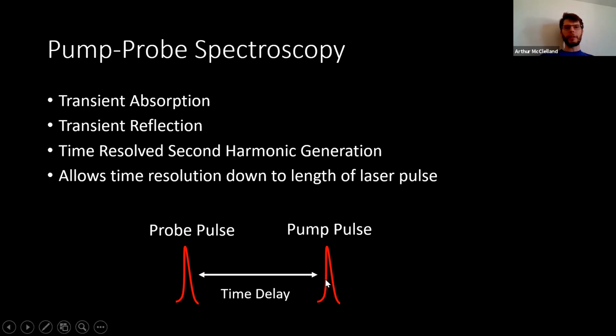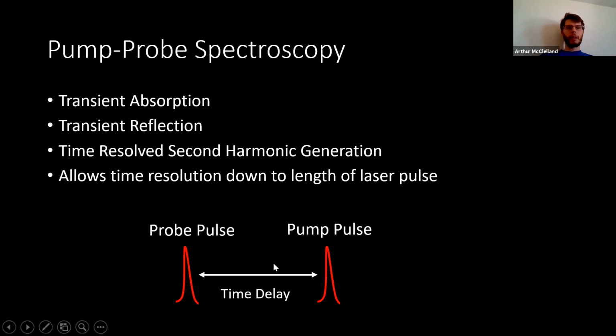In a titanium sapphire laser, it's fairly easy to get 100 femtosecond pulses. If you push everything, the absolute limit for a sapphire laser is 5 femtosecond pulses. You can move to soft X-rays, which are called attosecond pulses, and there are ways to generate those on a tabletop now. And then your time resolution would be attoseconds.